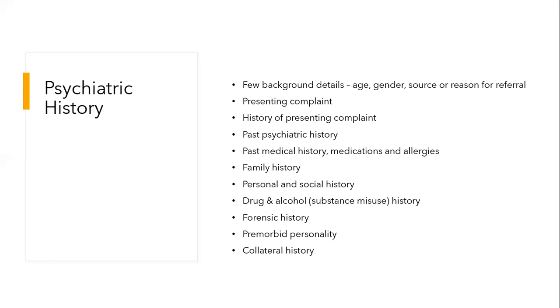I then move on to the past psychiatric history, the past medical history, the current medications and allergies, their family history, their personal and social history, the drug and alcohol or substance misuse history, their forensic history, their pre-morbid personality, and their collateral history. This is the order that I use. There's no strict order that you need to do a psychiatric history.